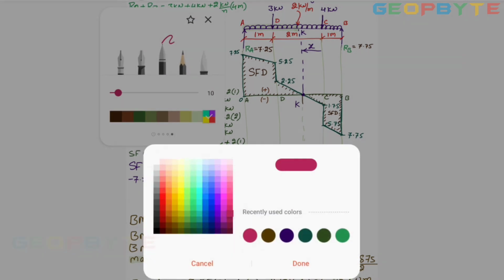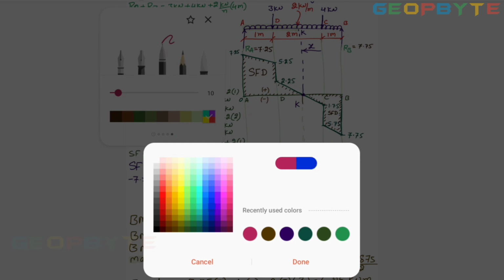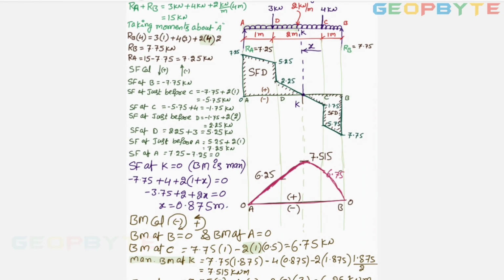Now let us go for the boundary like this. This is the BM diagram.